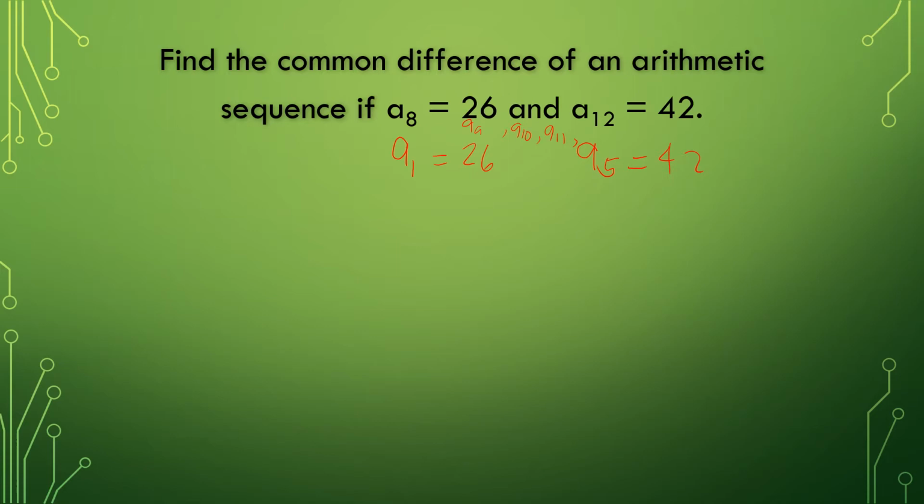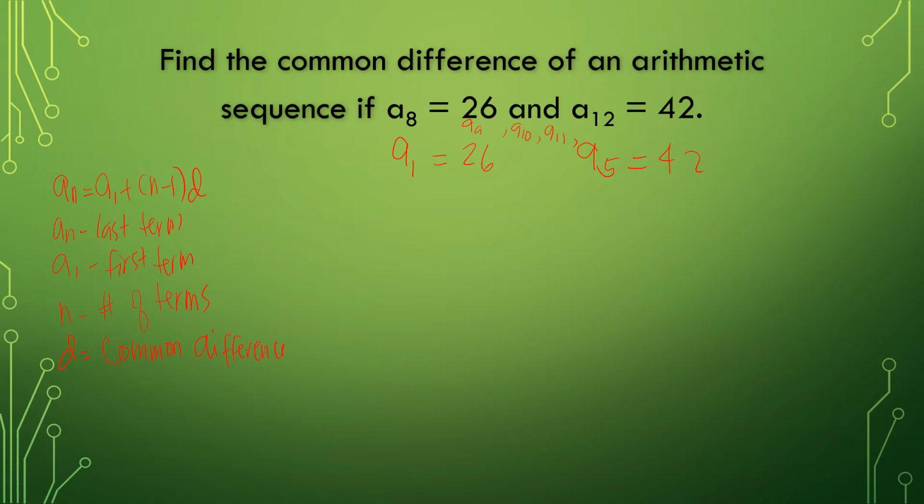And we can use the general rule of the arithmetic sequence, which is a sub n is equal to a sub 1 plus n minus 1 times d, where your a sub n is the last term, a sub 1 is your first term, n is the number of terms, and d is your common difference.